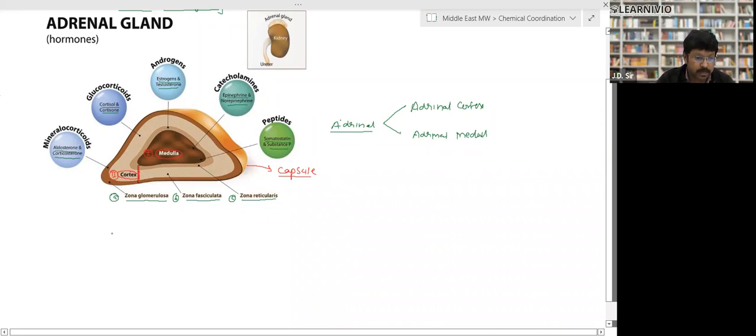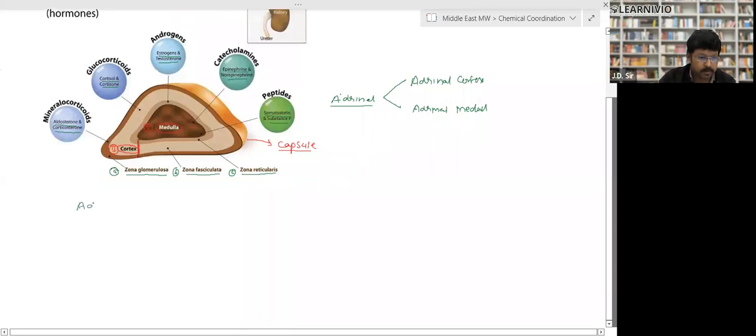So put the heading adrenal medulla, and adrenal cortex. Put the heading adrenal cortex. Out of adrenal cortex, the first layer is zona glomerulosa.